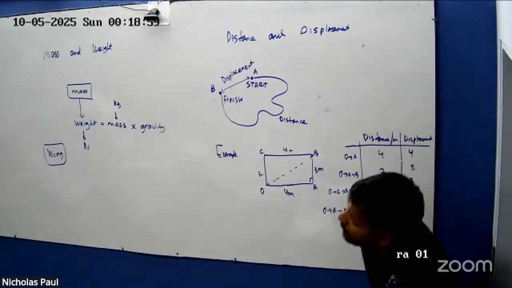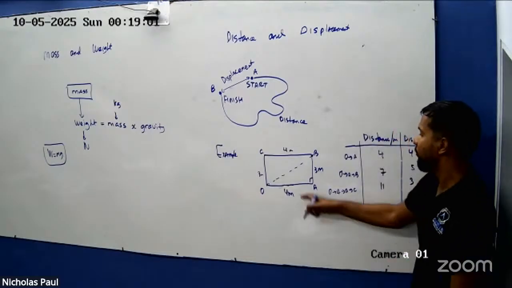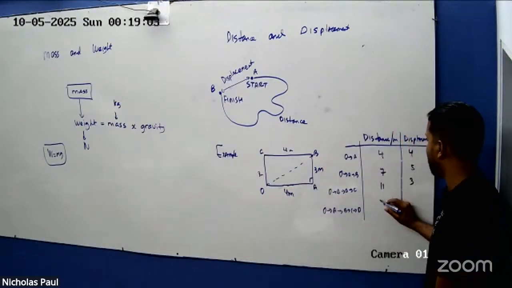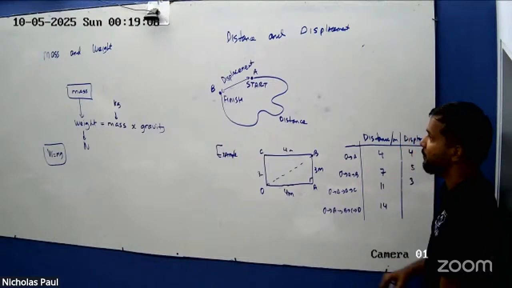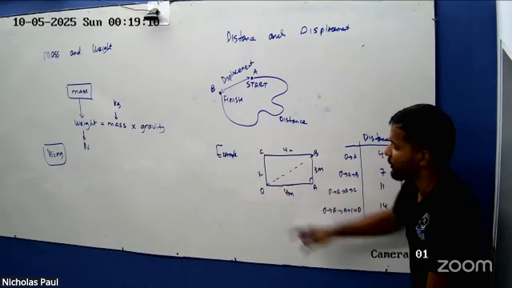Oh, Jenna answered. Jenna said 14. 4 and 4 is 8, and 6, 14. Nice. And what's the total displacement? You start here and you finish here.